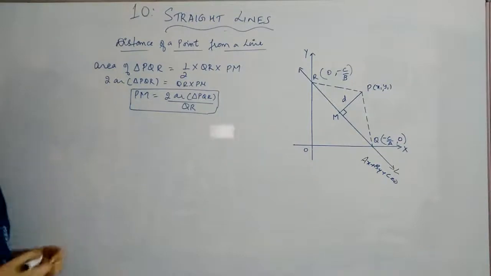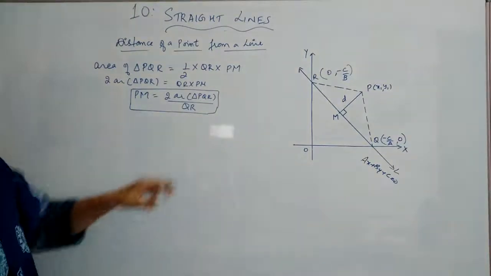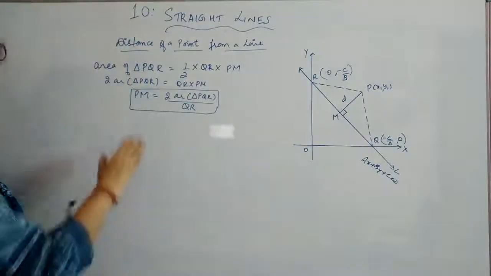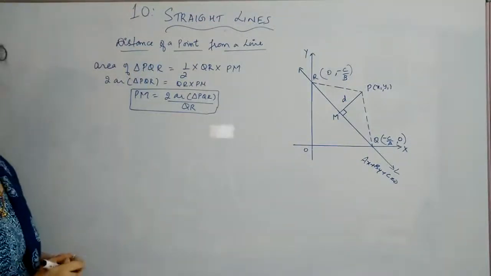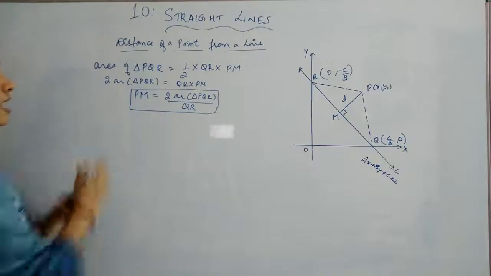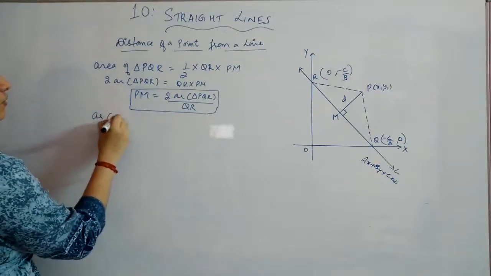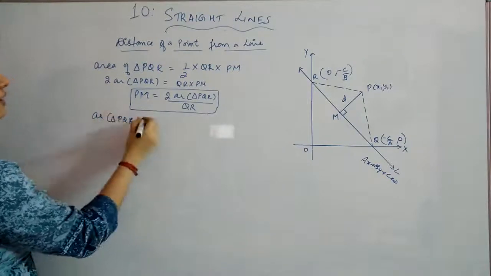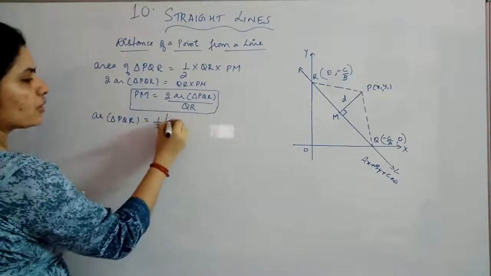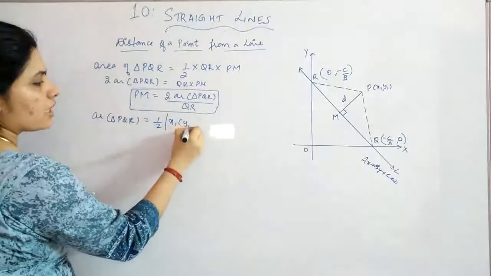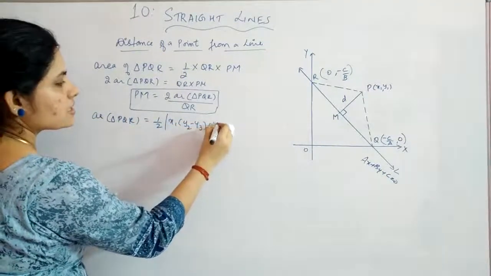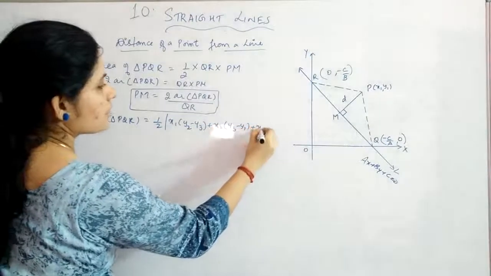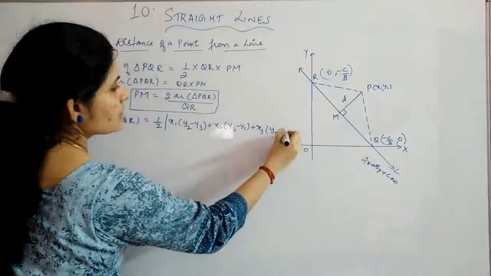That means we have to find the area of the triangle and QR. For that, again we will use the area concept. Because we have all 3 vertices of the triangle, we can use the formula for the area when 3 vertices are given. Area of triangle PQR is half into modulus of x1 into (y2 minus y3) plus x2 into (y3 minus y1) plus x3 into (y1 minus y2).